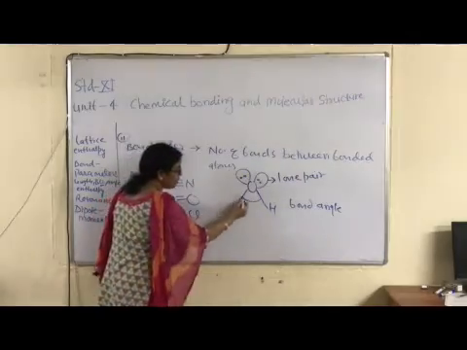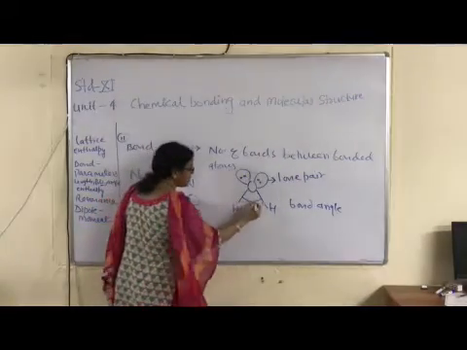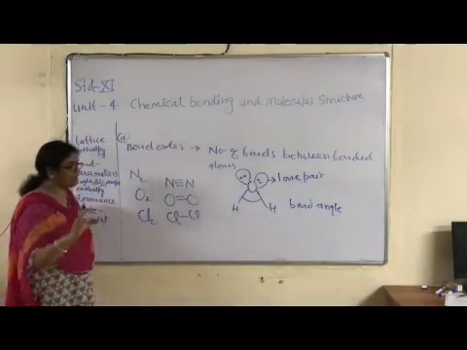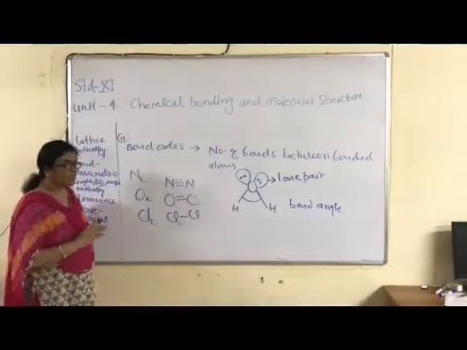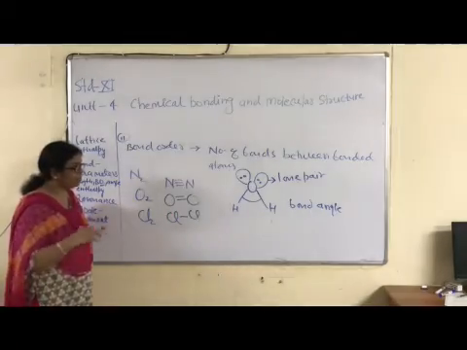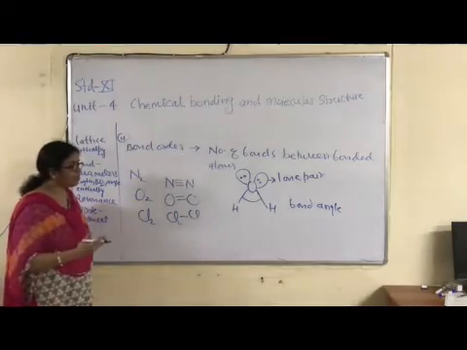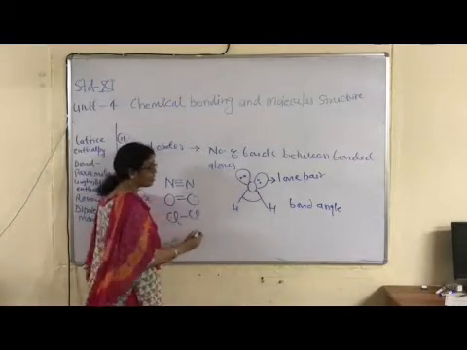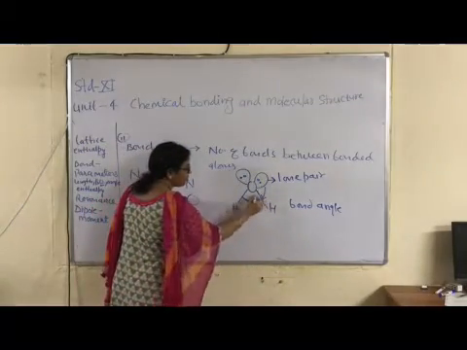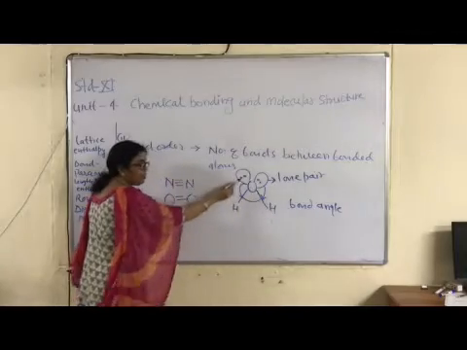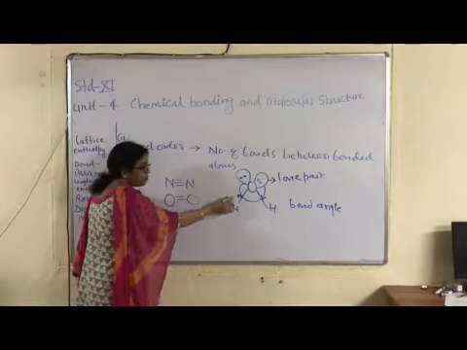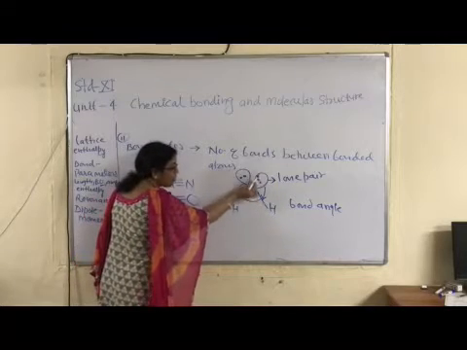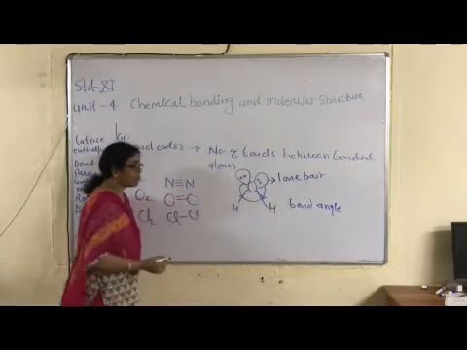This bond angle is the angle between bonded electrons, and its value depends upon the presence or absence of lone pairs of electrons, right? Here 2 lone pairs of electrons are present. What happens? Repulsive force develops between bonded electrons and non-bonded electrons, and again between non-bonded electrons and bonded electrons, right?